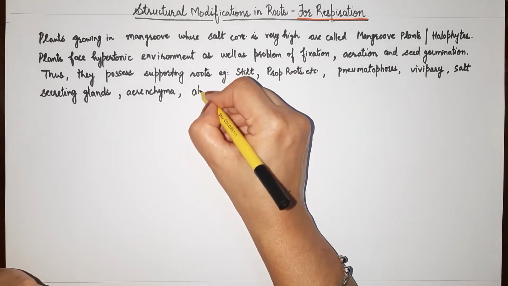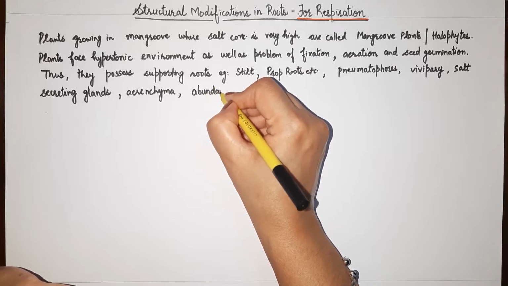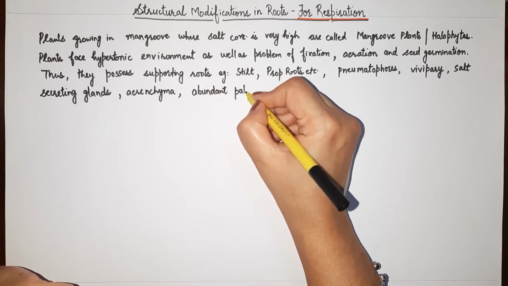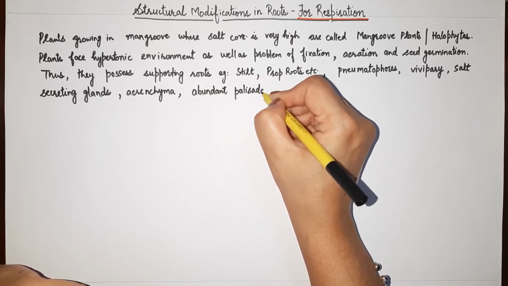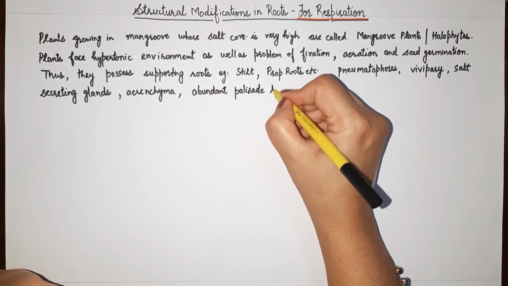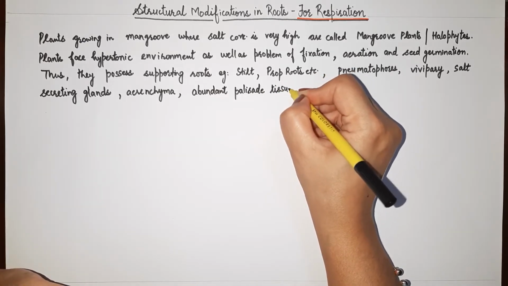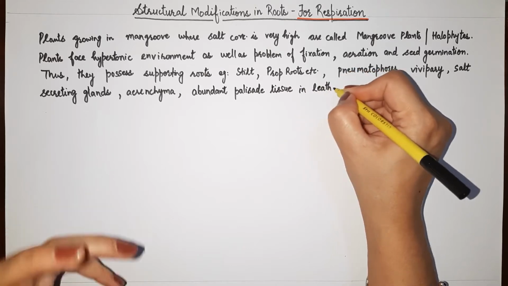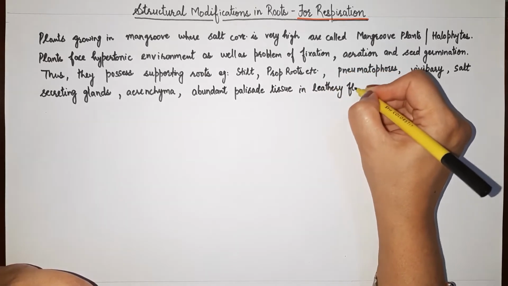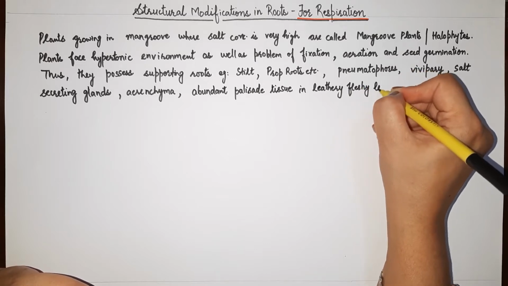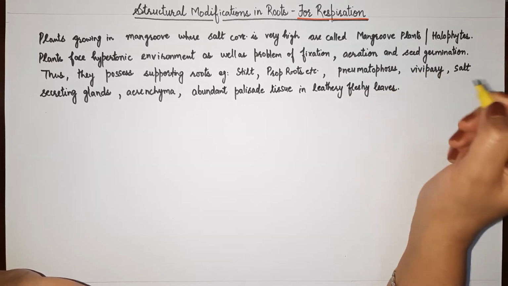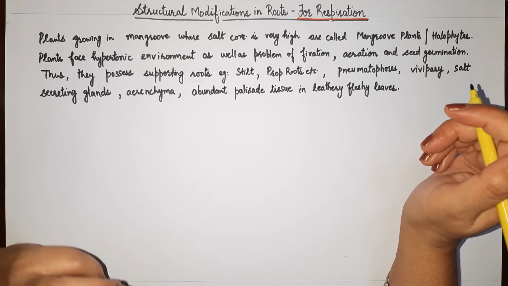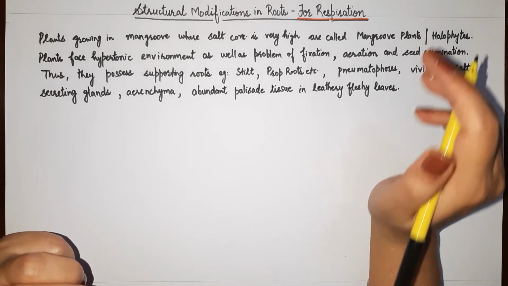Then abundant palisade tissue. That's why these plants are lush green in color, and their leaves are leathery. They are fleshy as well as leathery. Okay, so these are the common observations as far as the morphology of such plants is concerned.